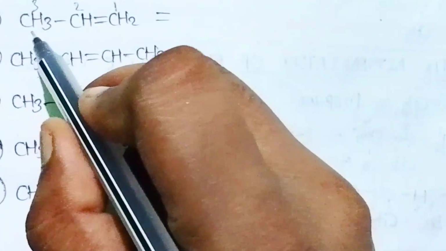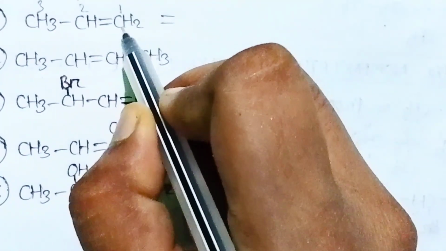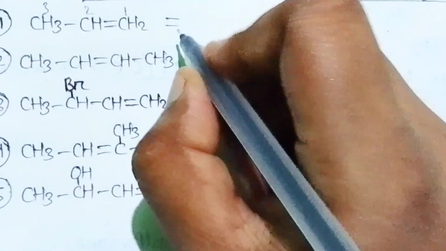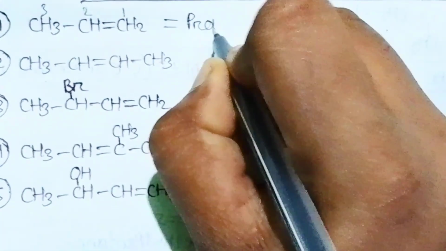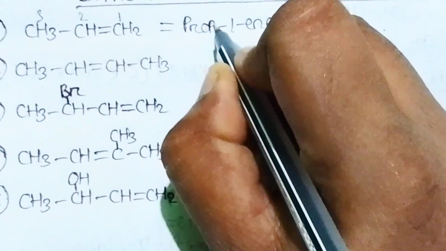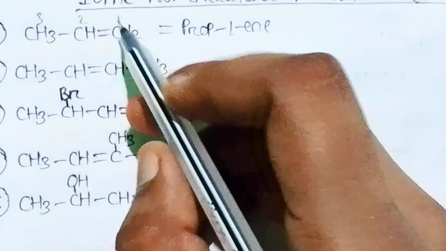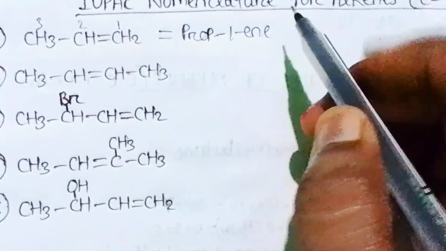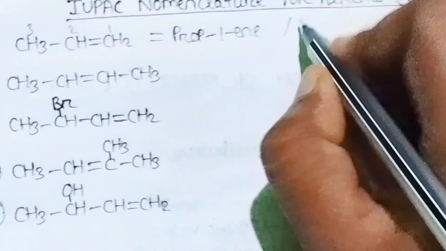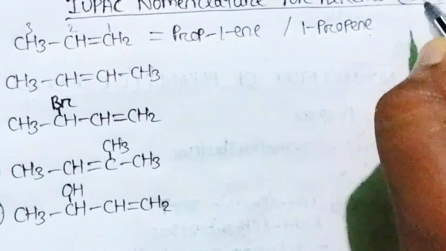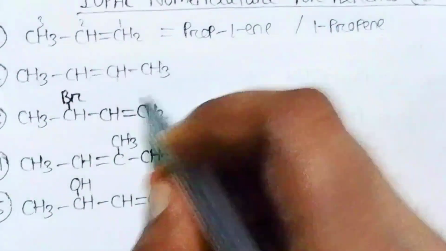So its IUPAC name will be, there are 3 carbon atoms and there is a double bond at one position, so its IUPAC name will be Prop-1-ene. Because the double bond is present at one position, so Prop-1-ene, or we can write it as 1-propene or propene.